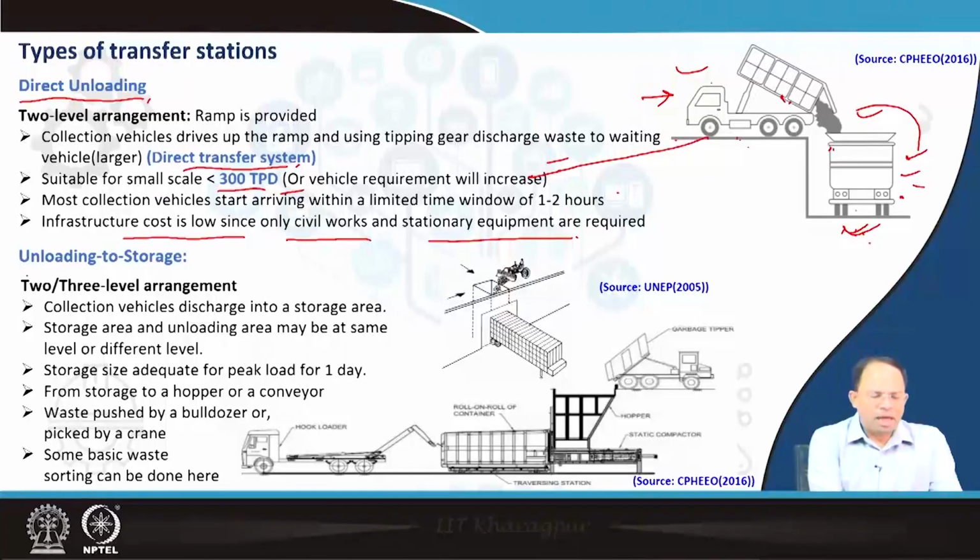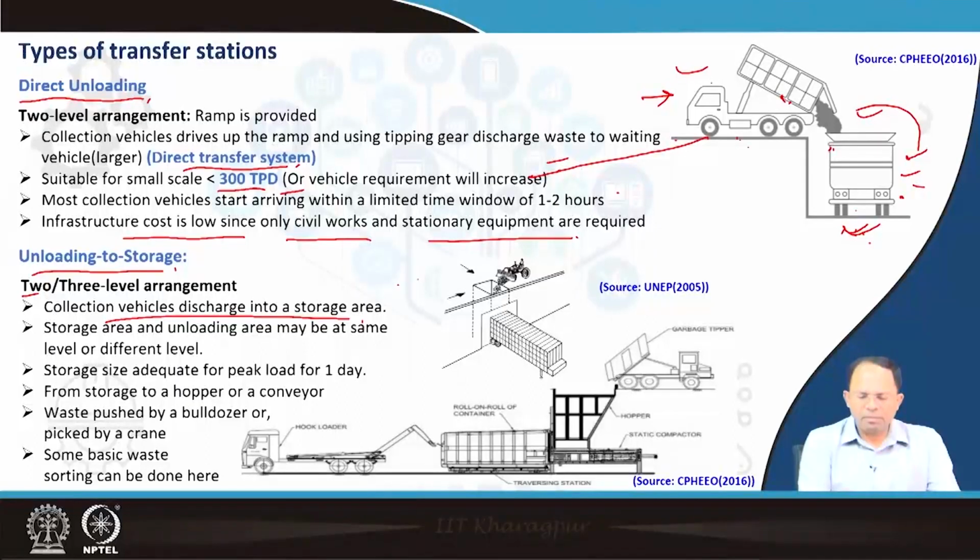Now the second system is unloading to storage. As you can see, it could be a 2 or a 3 level arrangement, right? I will show you a 3 level arrangement later on in the next slide, but in this 2 level arrangement, collection vehicles discharge into a storage area.